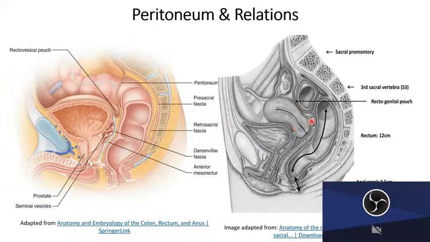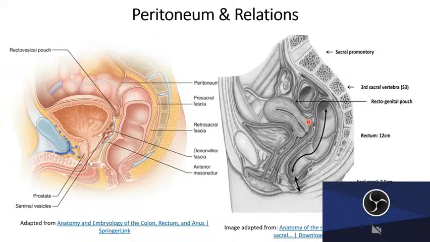The one between the rectum and the uterus is called the recto-uterine pouch, and that between the uterus and the bladder is called the vesico-uterine pouch.